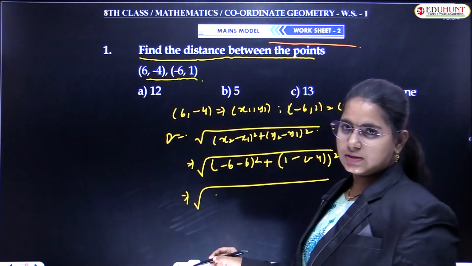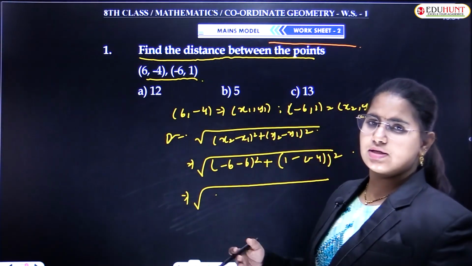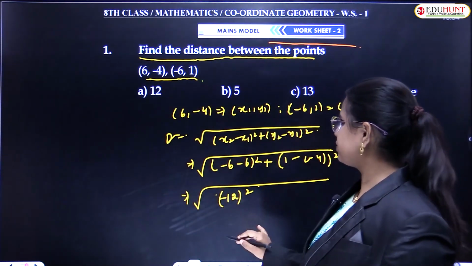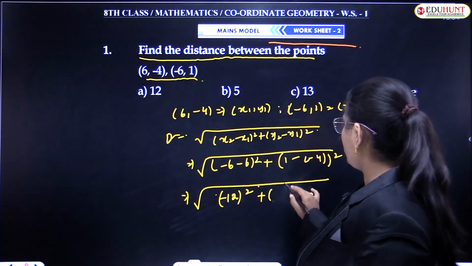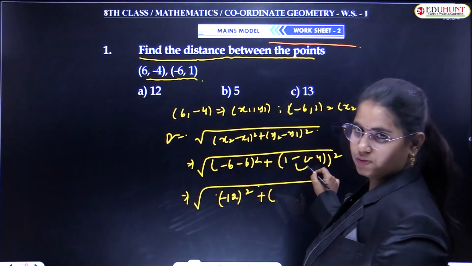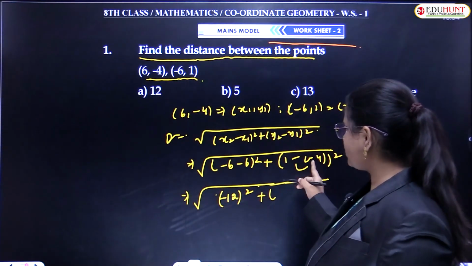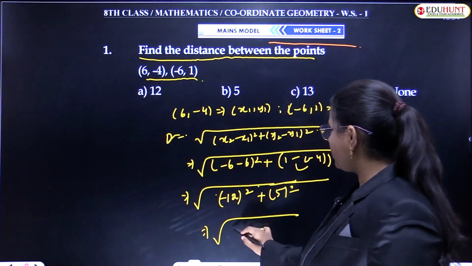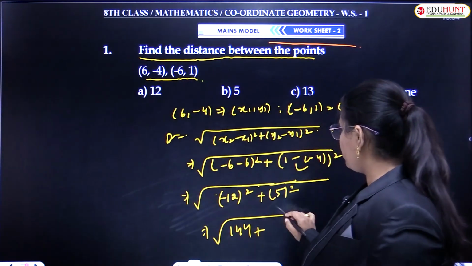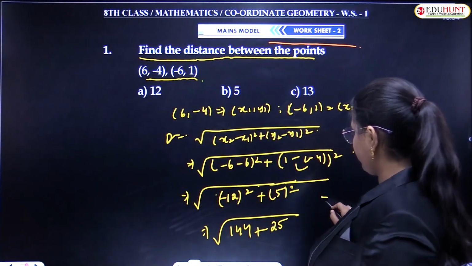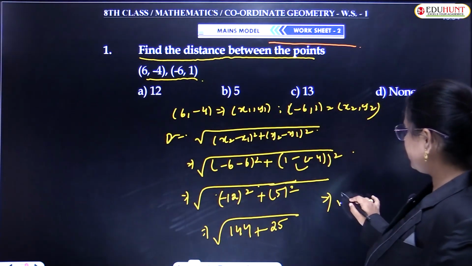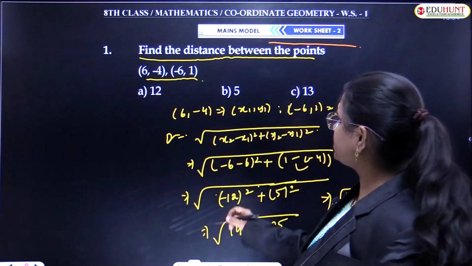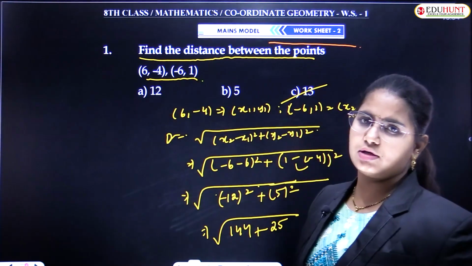Minus 6 minus 6 is minus 12, so minus 12 whole square. And this one, 1 minus of minus 4, which is 1 plus 4, is 5 square. Right? So 12 square is 144, 5 square is 25. 144 plus 25 is 169, so root 169. What is the value of root 169? Which is option C, 13.